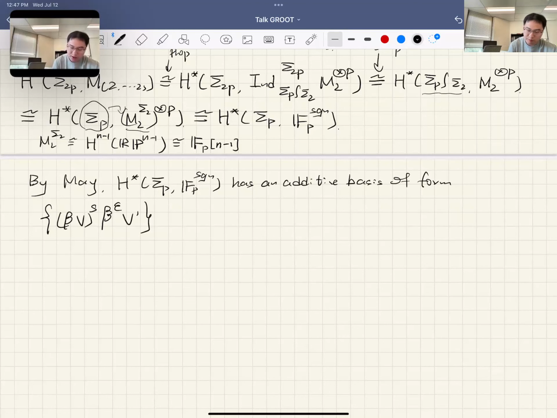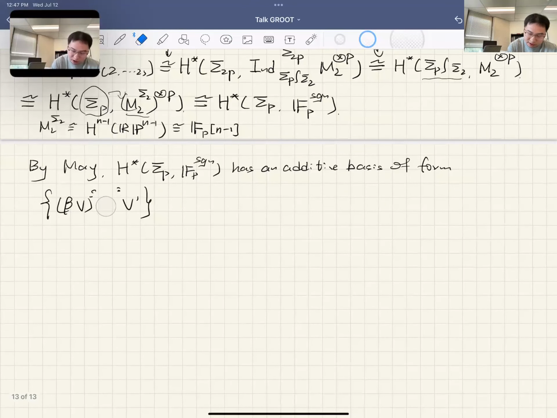Here beta corresponds to the Bockstein homomorphism. So beta is the Bockstein homomorphism.